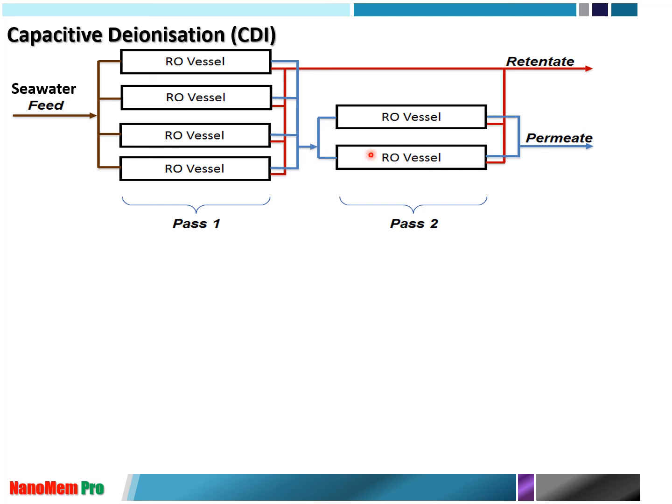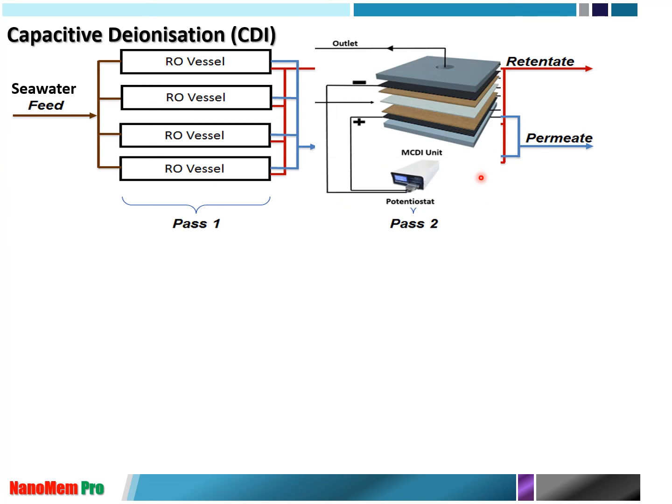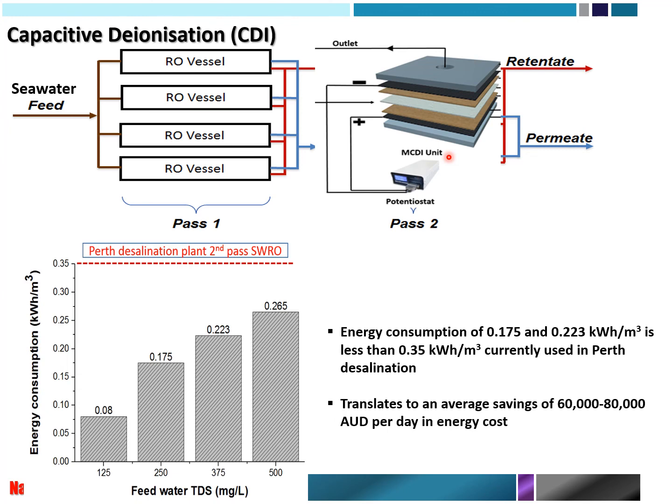That's the reason why the commercial membrane uses the RO pressure second pass, so that you can achieve better water quality. But we can replace this second RO pass with an MCDI membrane, which will give more energy saving.